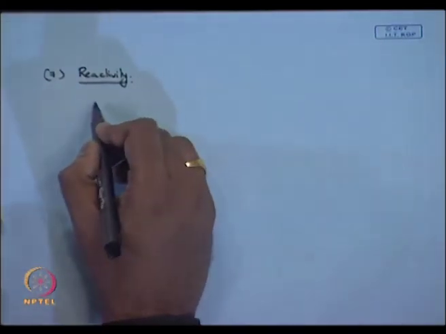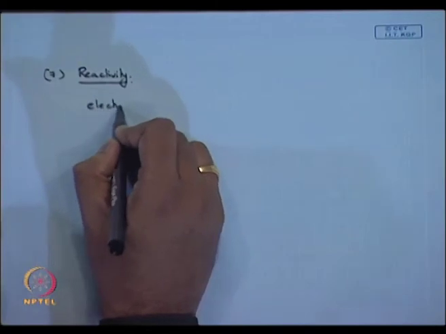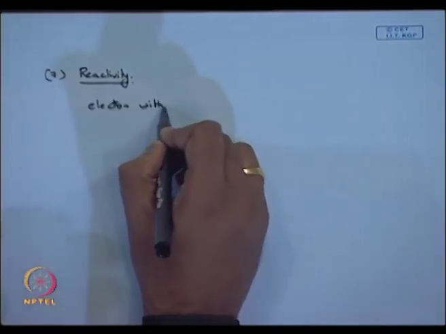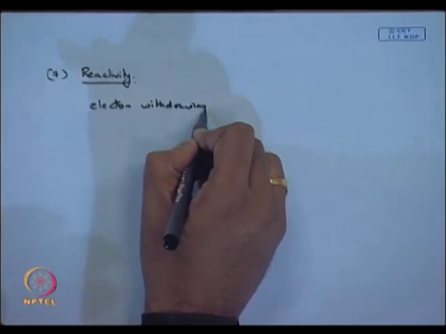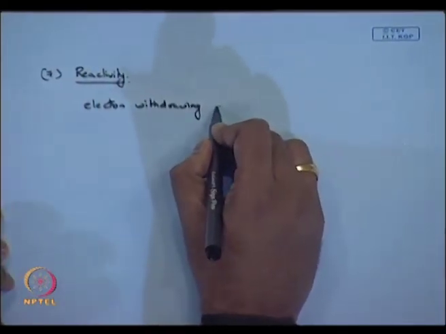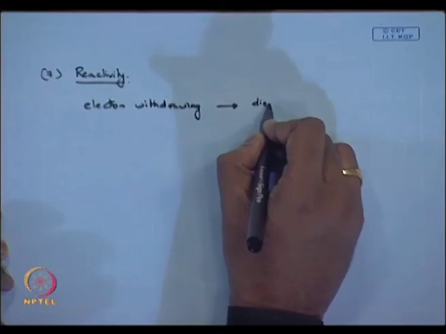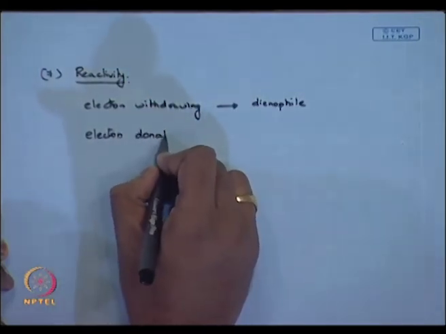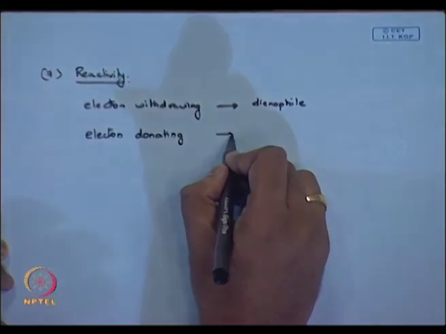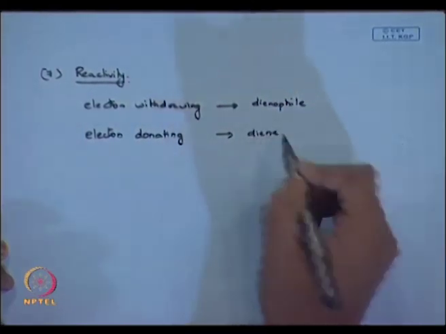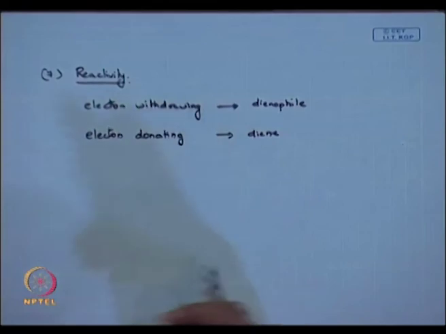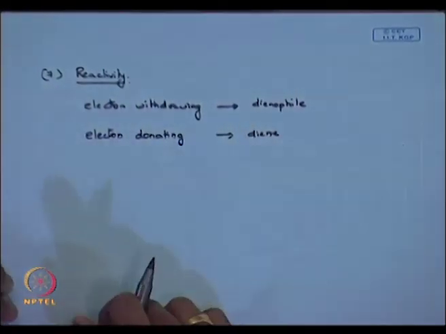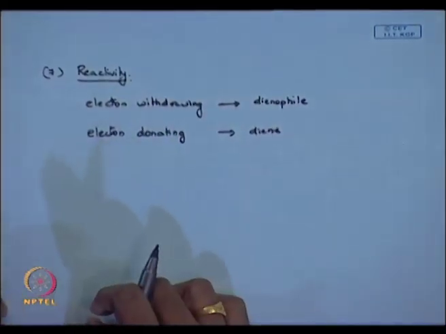So, an electron withdrawing group on the dienophile is good, and electron donating on the diene is good for reactivity. So, the energy gap will become less and you can have a nice reaction going on. That is about the reactivity we talked about.